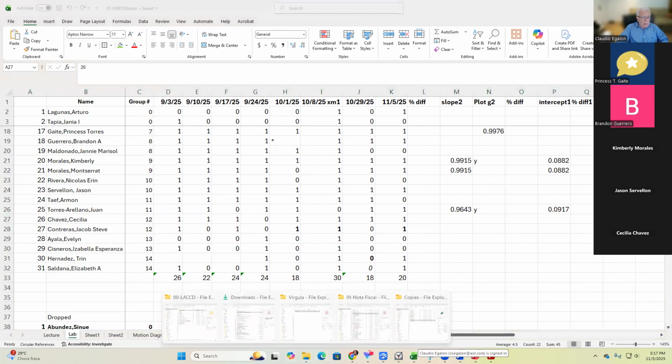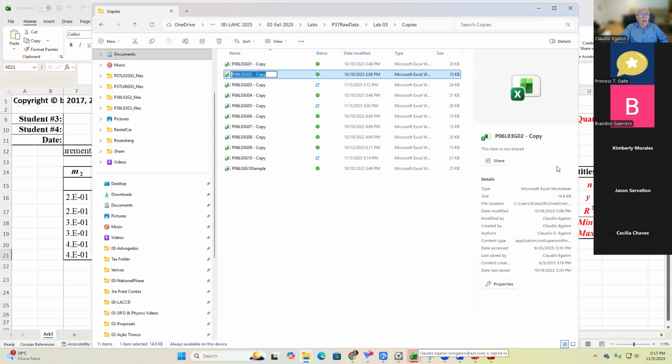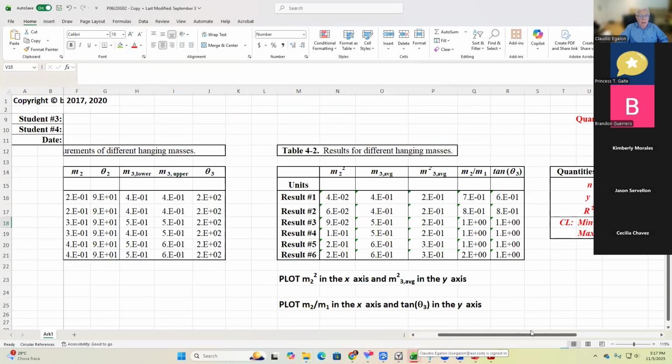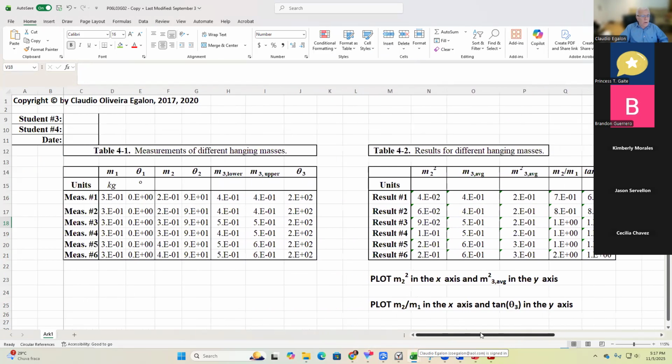So let's see what's happening here. I think I did it right. I plotted the M2 squared in the x-axis and the M2 3 average in the y-axis. You said you're getting 96% difference? Yes. Wow. I don't know what I did wrong.